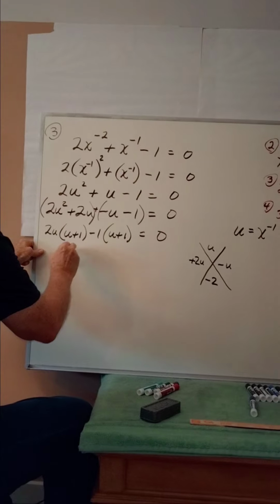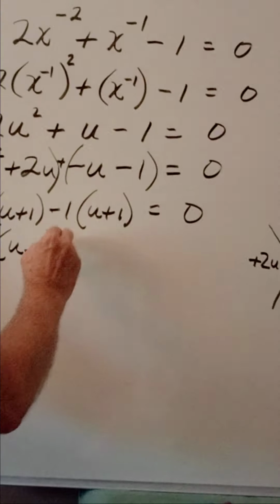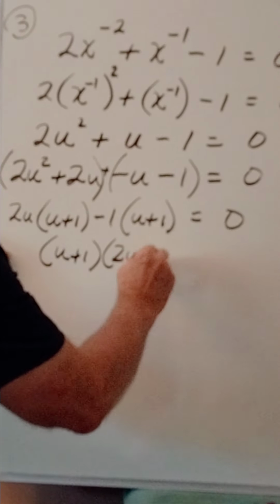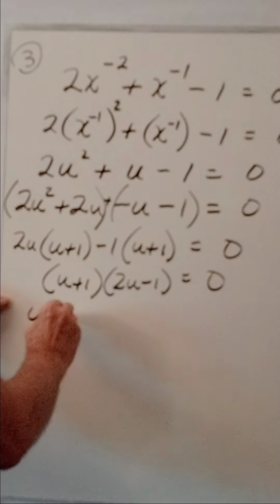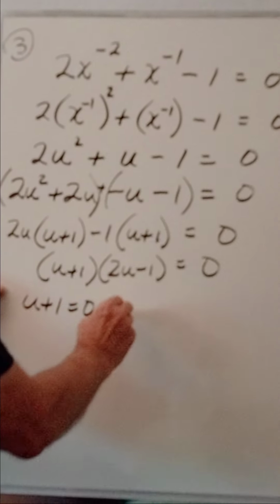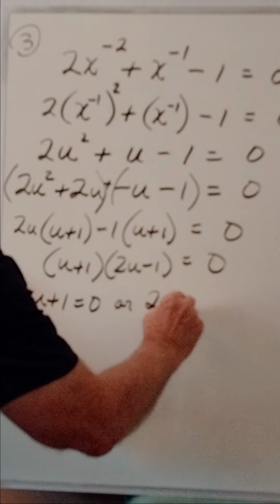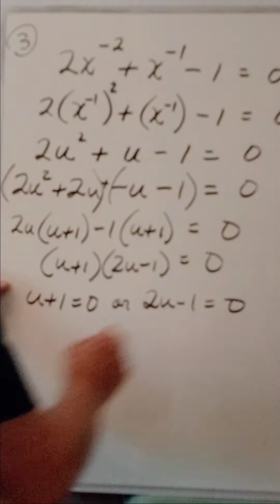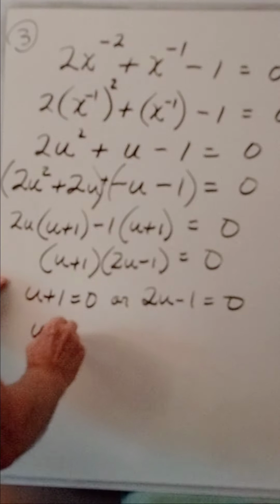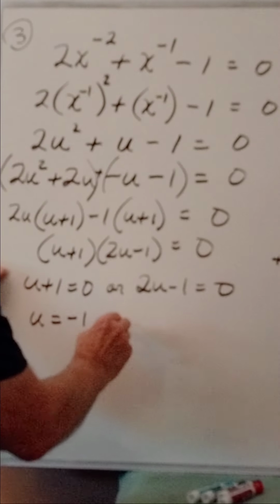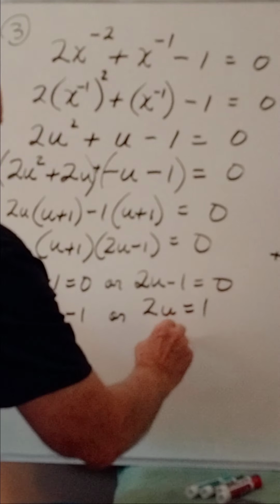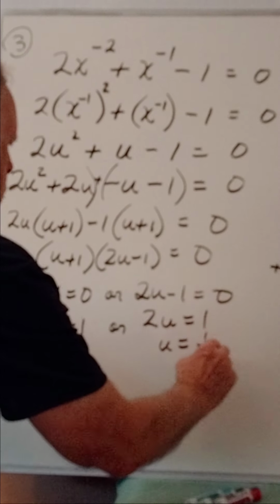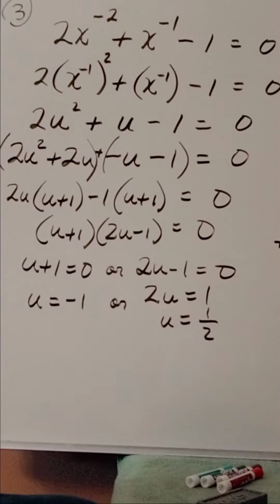Our binomial factors, u plus 1, 2u minus 1 is equal to 0. U plus 1 is equal to 0, or 2u minus 1 is equal to 0. U will be equal to a negative 1. 2u would be equal to 1. U would be equal to 1 over 2.